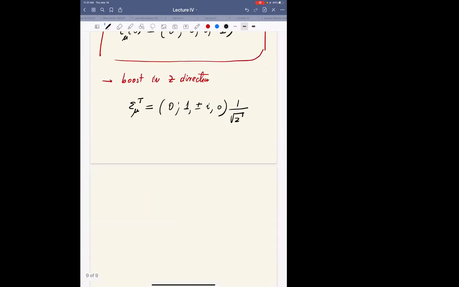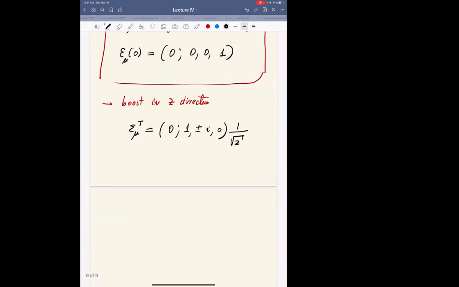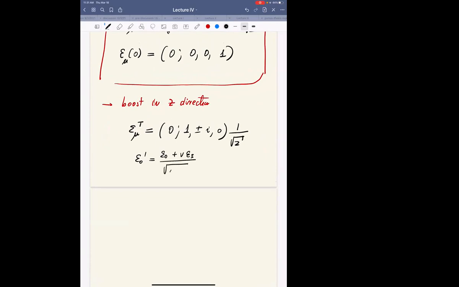Since epsilon 0 prime is epsilon 0 plus v epsilon 3, and epsilon 3 prime is epsilon 3 plus v epsilon 0, I get that epsilon mu, I call it longitudinal. It's in the direction of motion. So there are two of them, I could call them plus minus, and the third is one longitudinal. It won't be zero anymore.